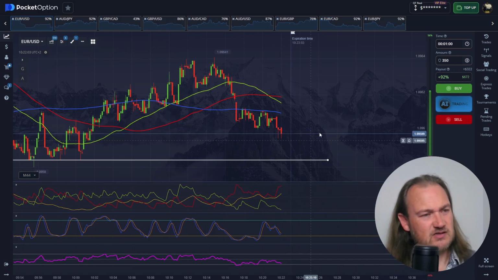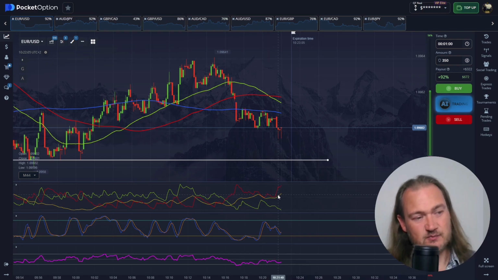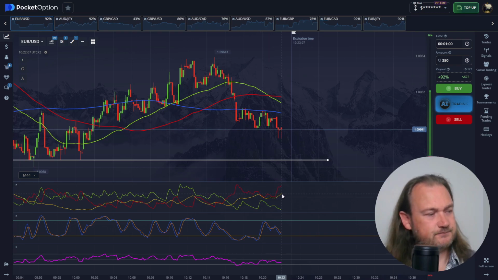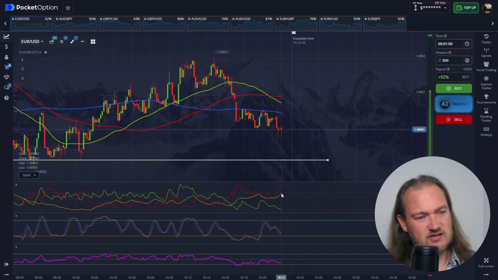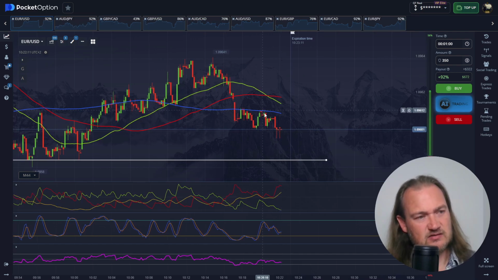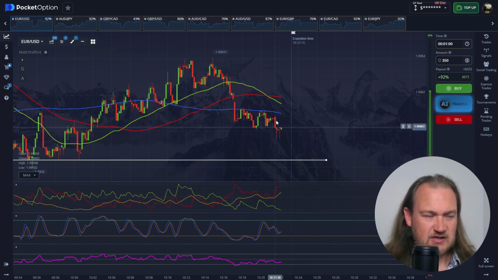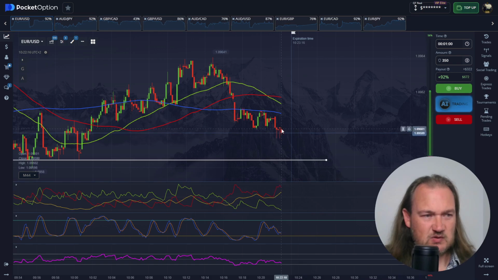Okay, so we are definitely moving in a downwards direction. ADX is coming up really hard now, telling me this trend is accelerating. But the fact that it keeps pushing up, we've got all these small candles here. I don't like those.